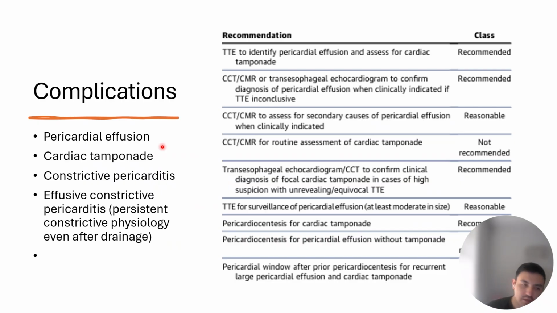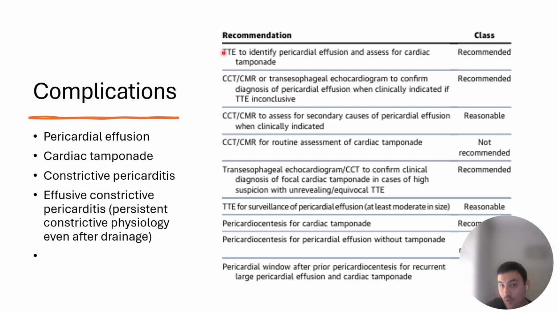So now, complications. Complications are important to talk about. Why? Because we need to know how to diagnose and how to manage. Pericardial effusion, cardiac tamponade, constrictive pericarditis, effusive constrictive pericarditis. What do those terms imply? First, pericardial effusion, we already talked about it. What is recommended here is an echocardiogram.